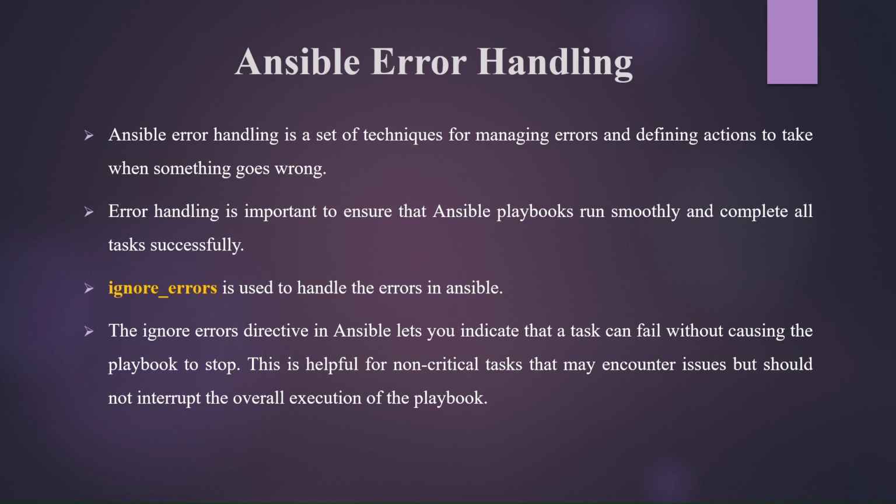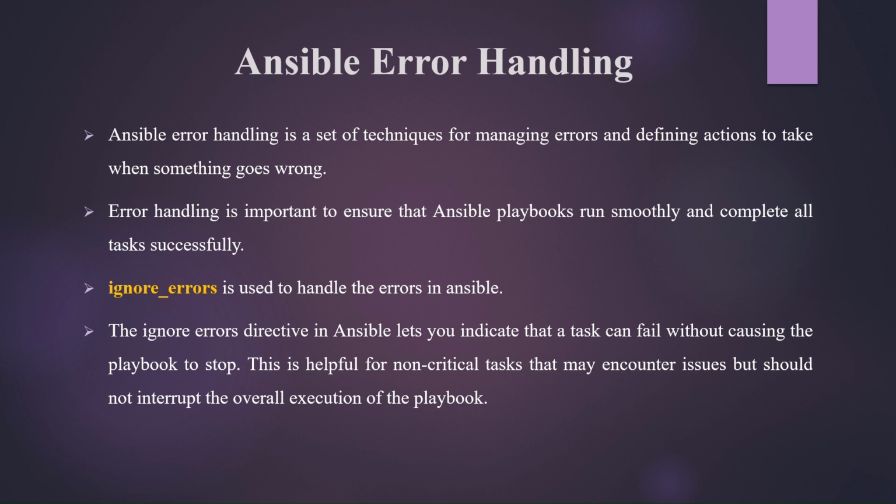The ignore_errors directive in Ansible lets you indicate that a task can fail without causing the playbook to stop. This is helpful for non-critical tasks that may encounter issues but should not interrupt the overall execution of the playbook. For example, firstly we have create EC2 instance, then create IAM user, then create VPC.